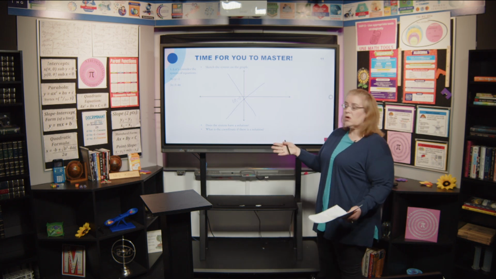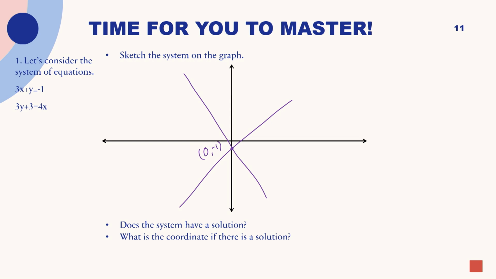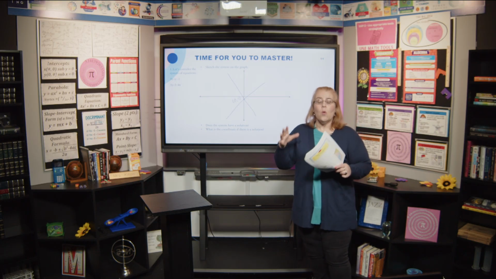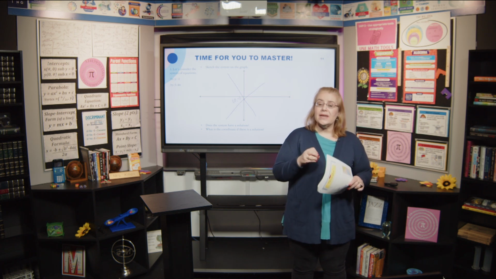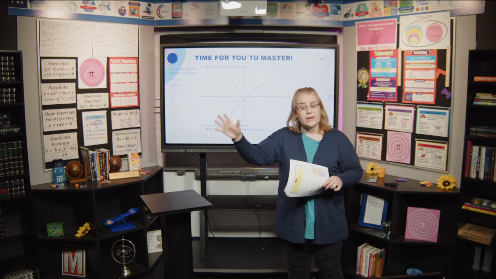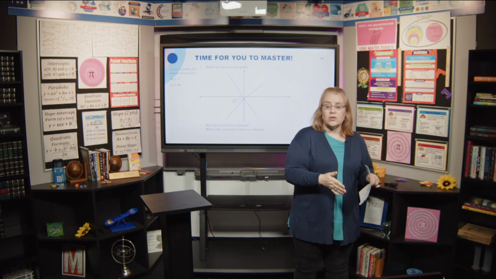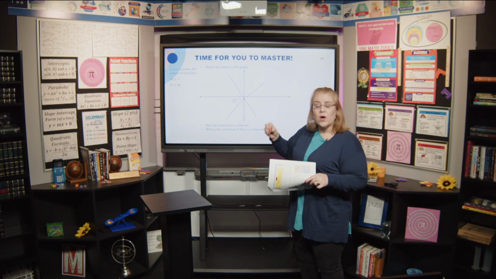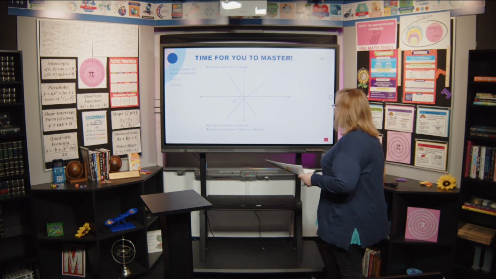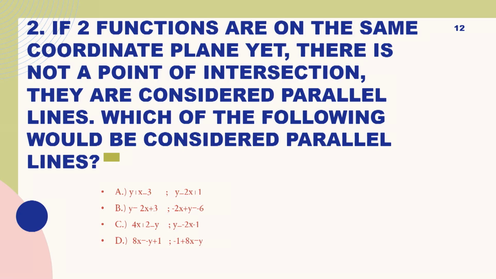And then it says, what are the coordinates? 0, negative 1. Making sure that it looks similar to what it did on Desmos, because sometimes they're going to ask you which picture is the correct intersection. So you're going to need to be able to go from Desmos or calculator to a picture of it. So you want to make sure that it is intersecting at 0, negative 1. Good job. Let's look at our next one.